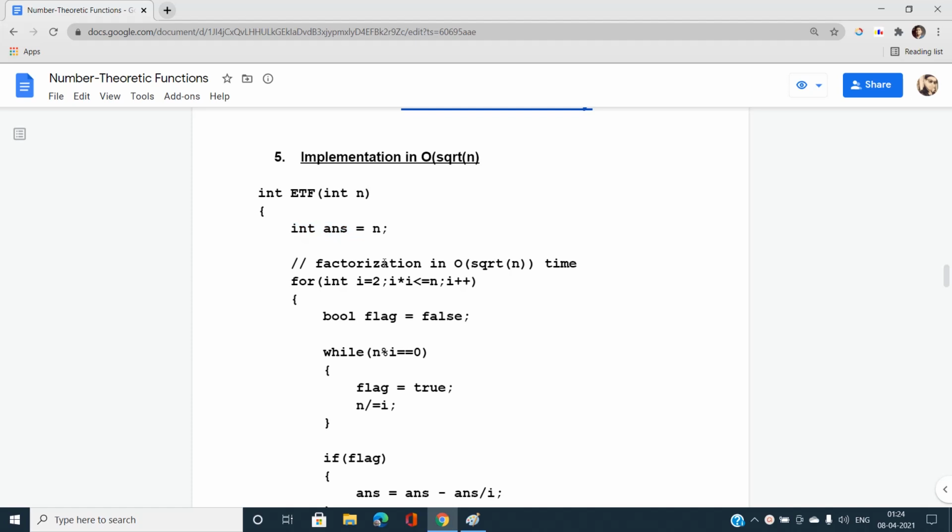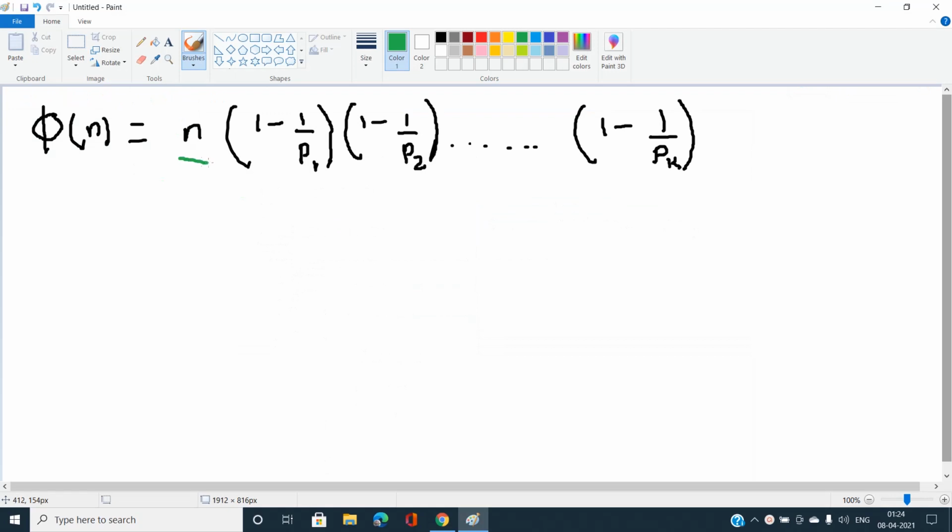Also you can understand that this implementation is fixed for a particular number. If I have been given n as, let's say, 12, I need to find the ETF value related to n equals 12. So this is going to work for a particular number. I initialize my answer with n because the coefficient for all these 1 minus 1 upon p1 and 1 minus 1 upon p2 terms will be n.